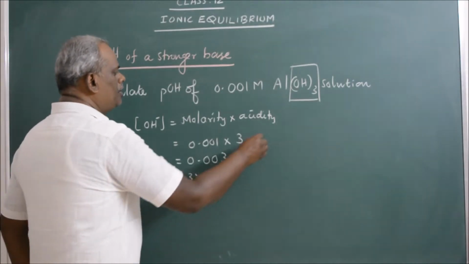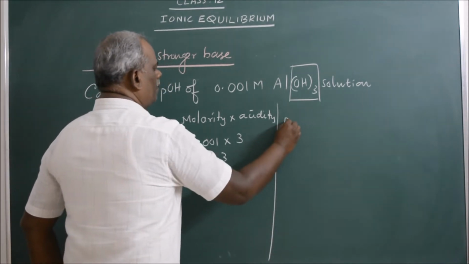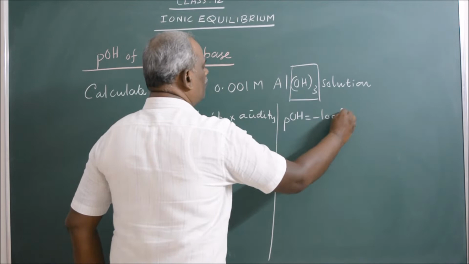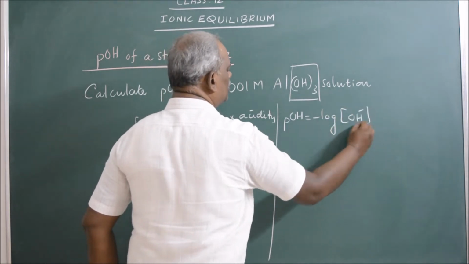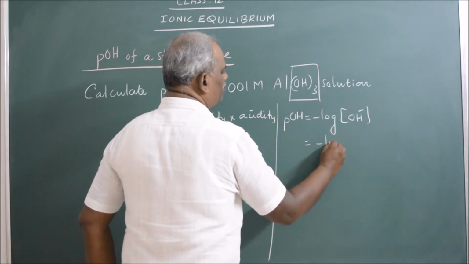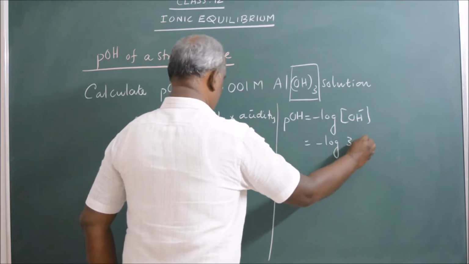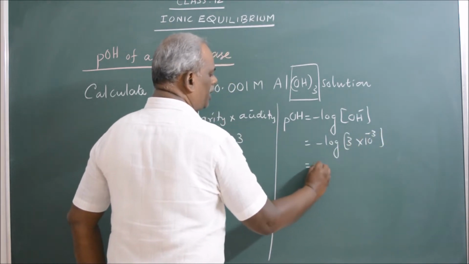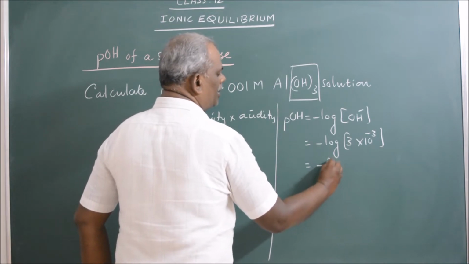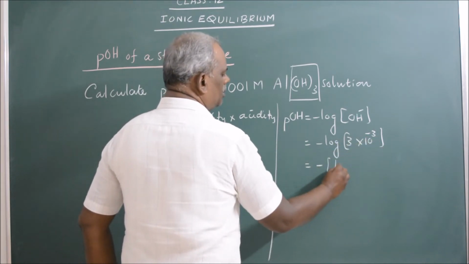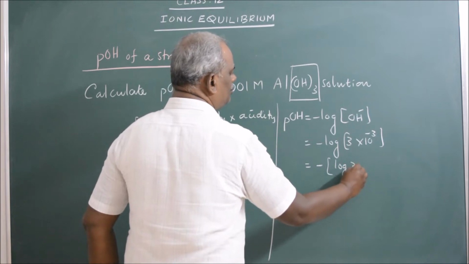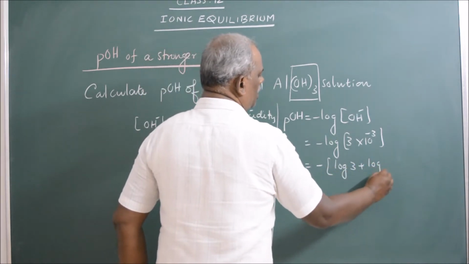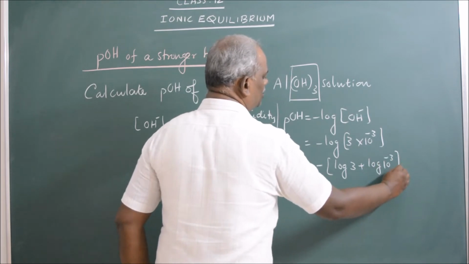And to calculate the pOH, that is equal to minus logarithm of hydroxyl ion concentration. I can write minus log of 3 into 10 power minus 3. This can be written as follows: minus, splitting this, log of 3 plus log of 10 power minus 3.